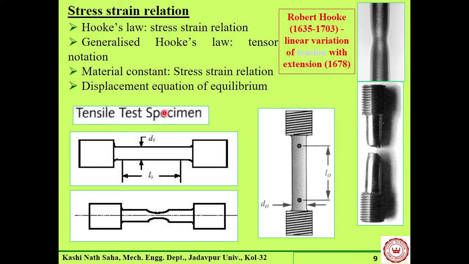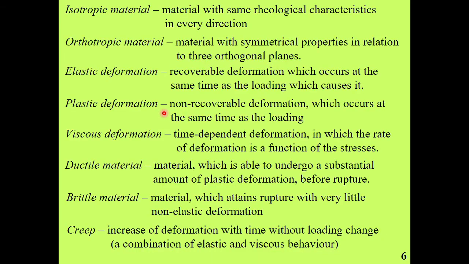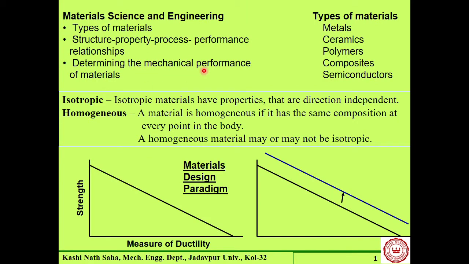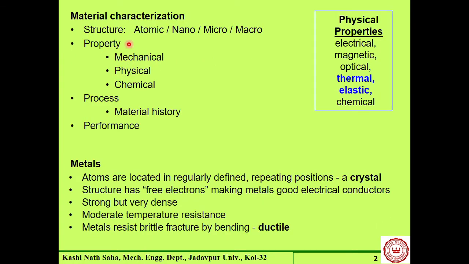That means they are not taken from any source. Why? Because we have already seen that there are various elements on which the material property depends, is it not? There are the structure, the process, the performance, etc.